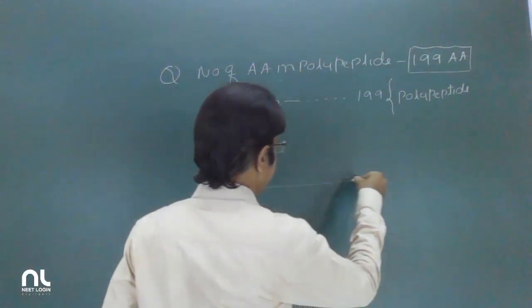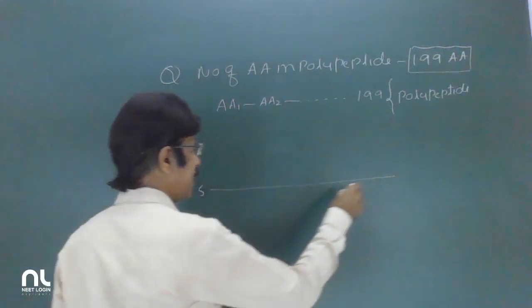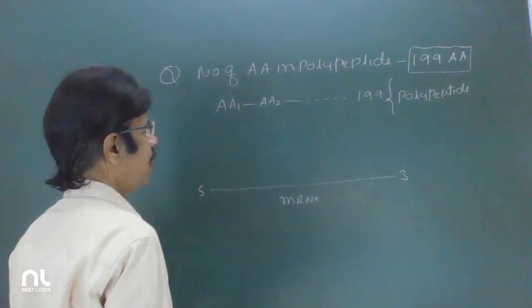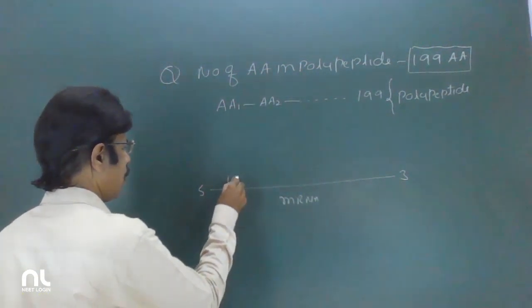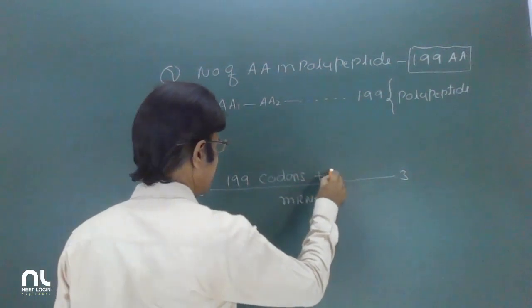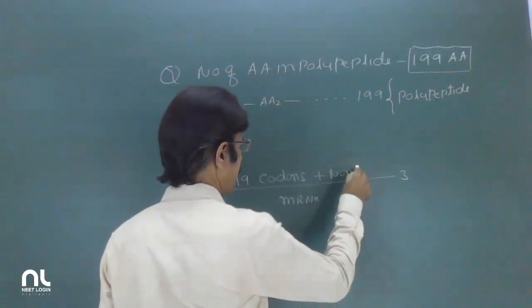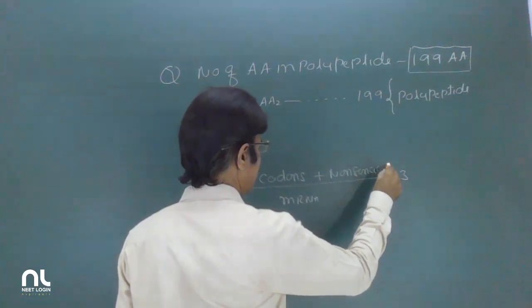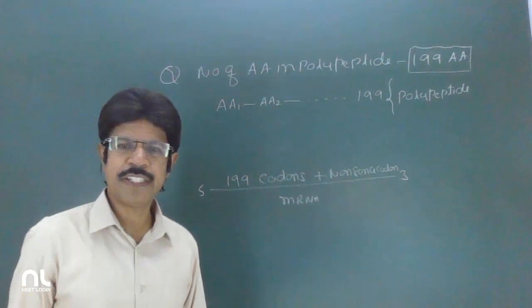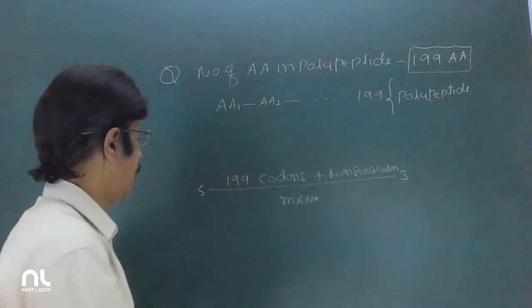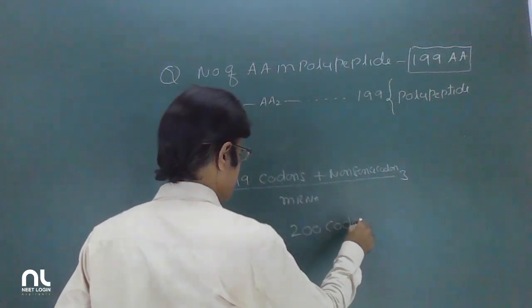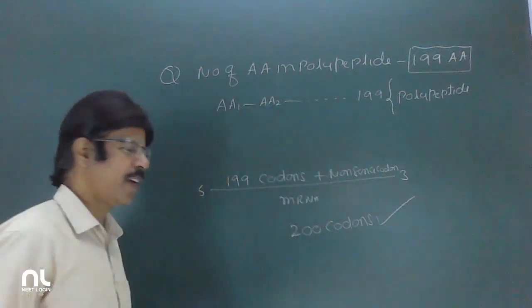On the mRNA, 5' to 3', how many codons? 199 codons plus a nonsense codon. 199 plus 1, 200 codons. The number of codons is 200.